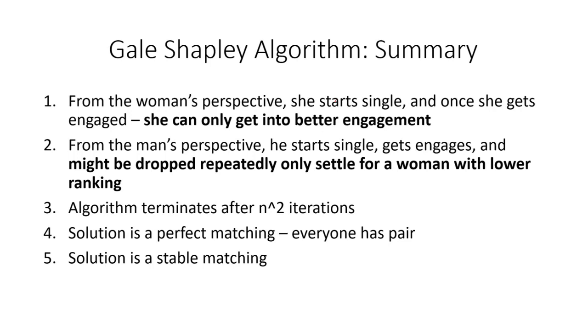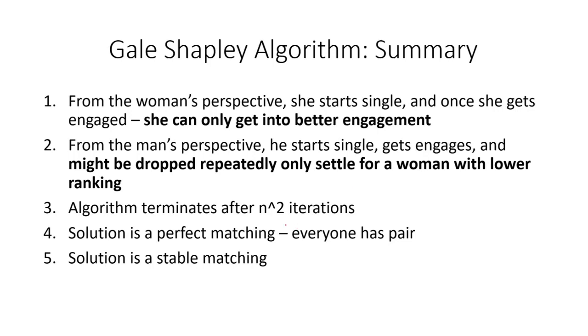From the man's perspective, of course, he also starts single, but after each step, there is a possibility that he can be dropped by his current partner and get worse, or get settled with a woman with a lower ranking.